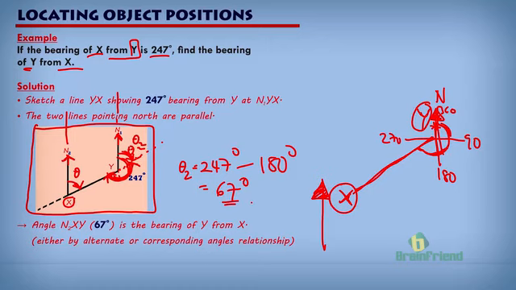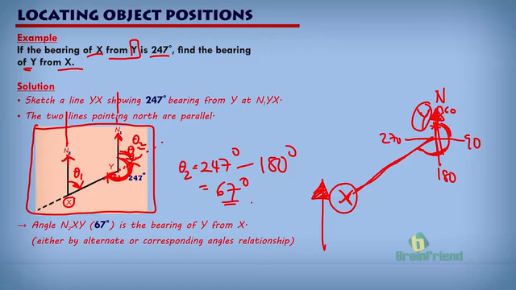Now, in geometry, these angles, theta 1 here and our theta 2, are what? Corresponding angles. And corresponding angles are equal, especially since our lines here are parallel in nature. They will never meet.